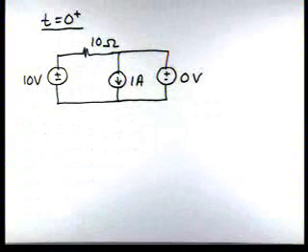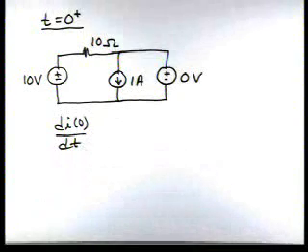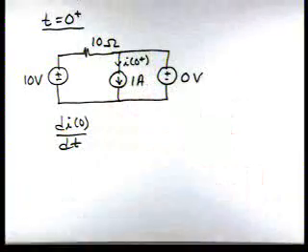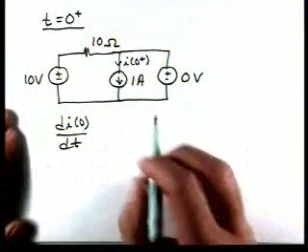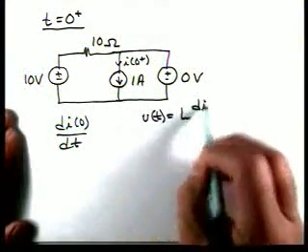So here we are, and what we're really interested in is di0 dt. What's the derivative of the current at 0? If we look at our circuit, there's the capacitor, here's the current I of 0 plus, and if we think about the inductor, we would have V is equal to L di dt.